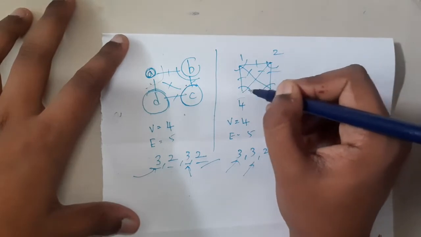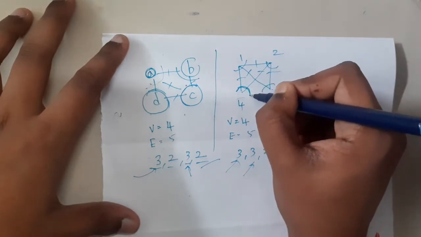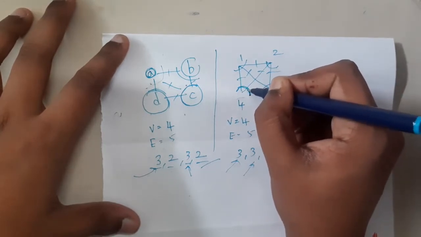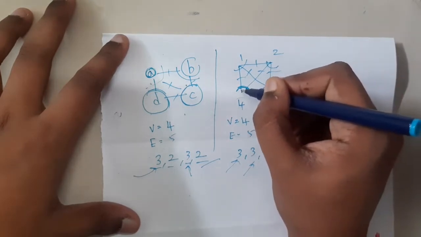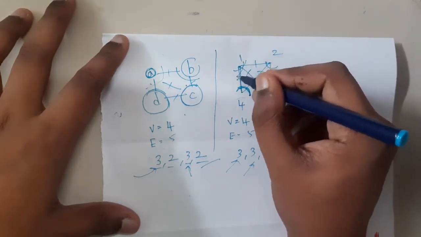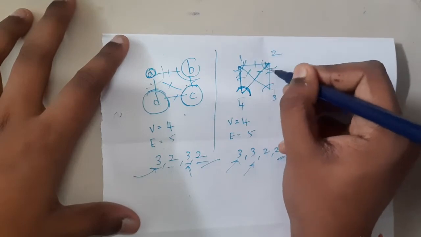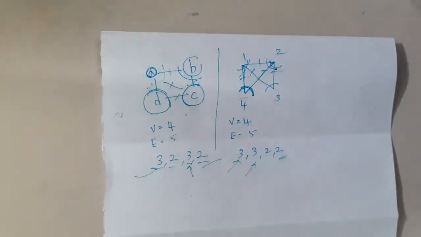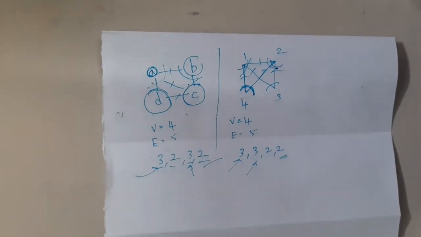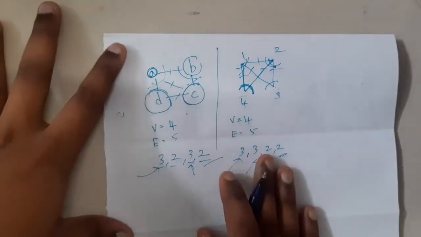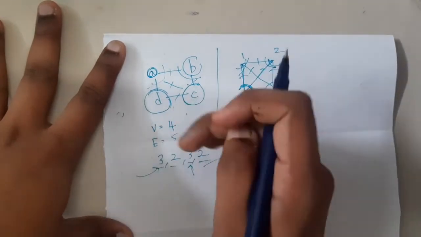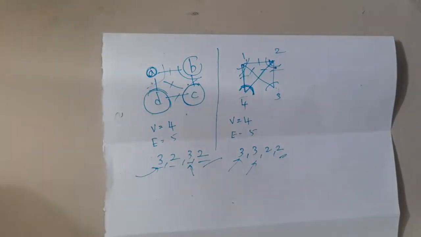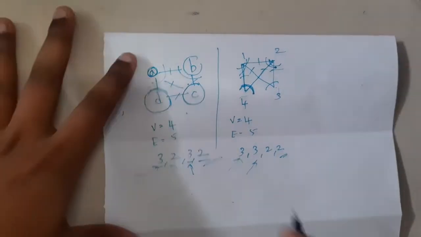This vertex has degree 2, and this degree 2 vertex has one neighbor with 3 vertices and one neighbor with 2 vertices. In that way you can check step by step. Once you follow these steps, you will understand that they could be similar.